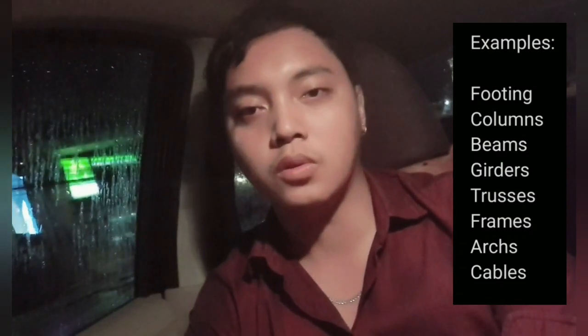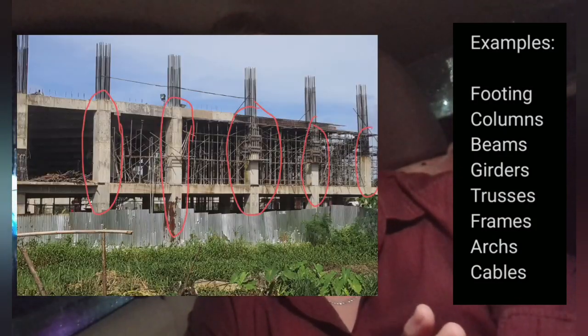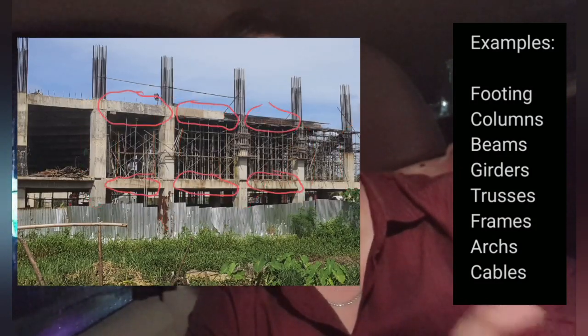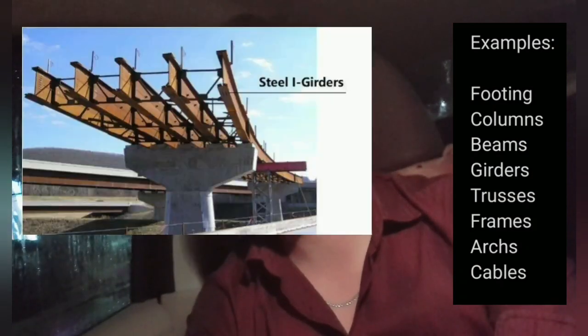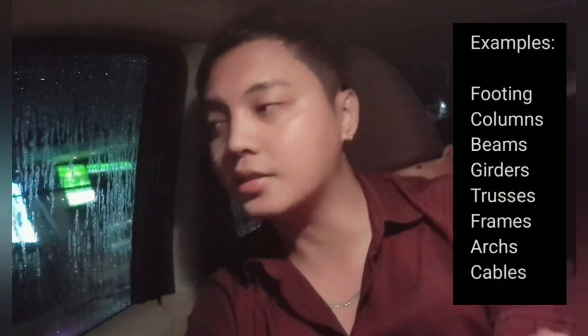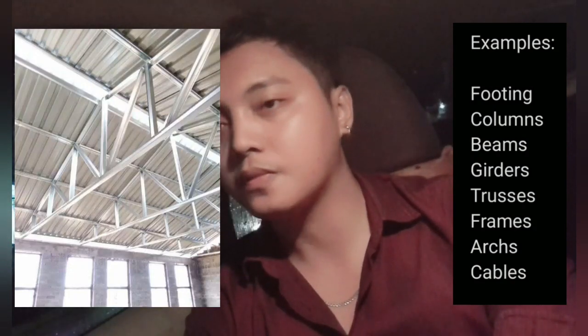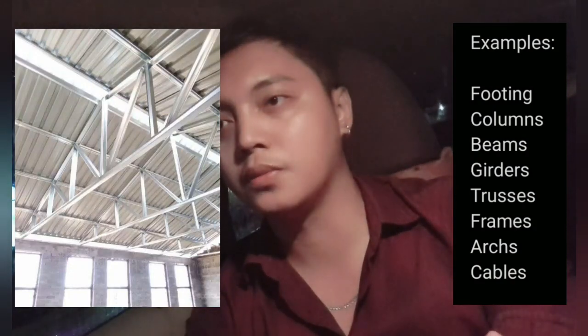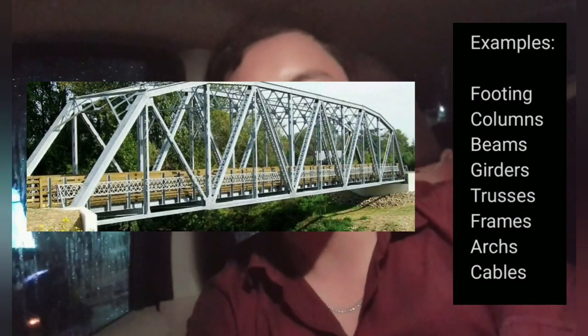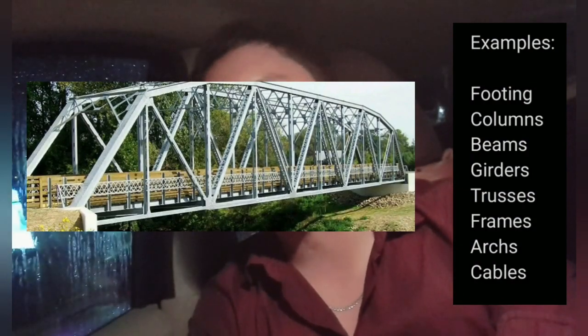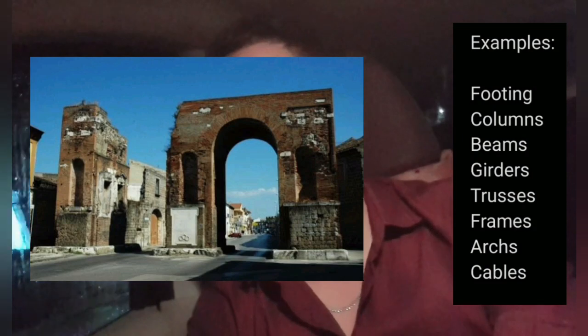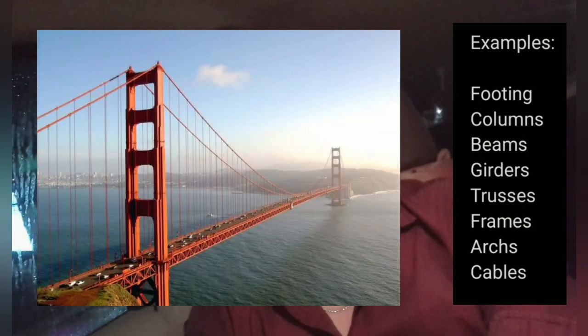We also have the column, haligi. The beams, the girders, those are structures. Also trusses. Trusses are used in roofs, used in bridges. We also have frames, the arcs, cables. So there are many types of structures that is used to carry different types of loads as well.